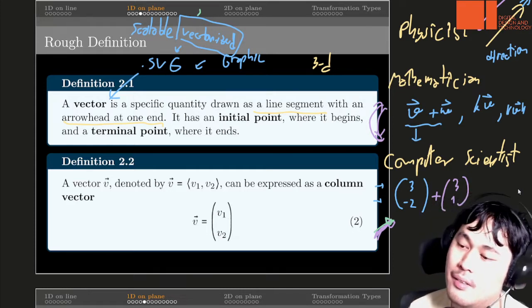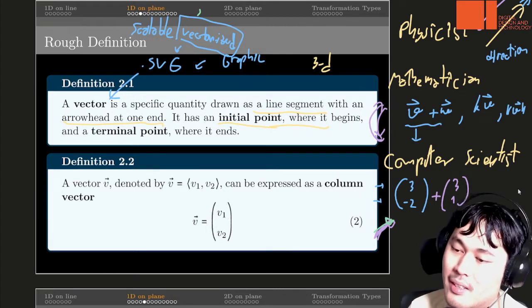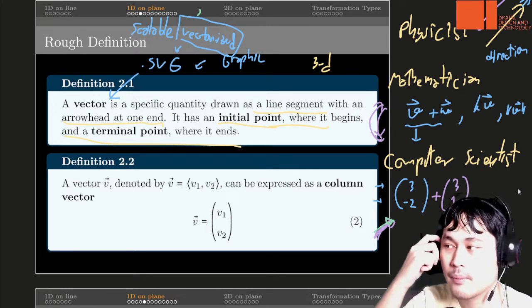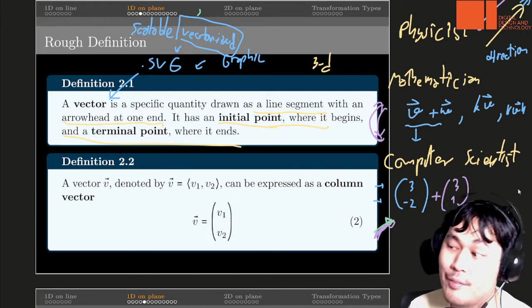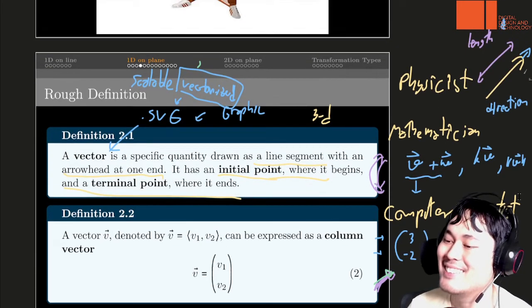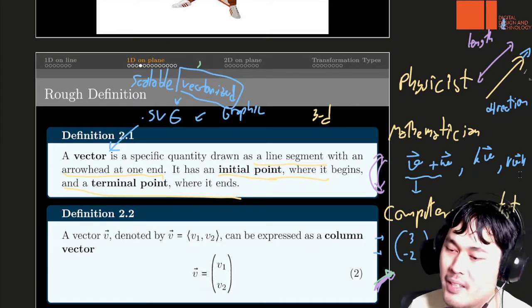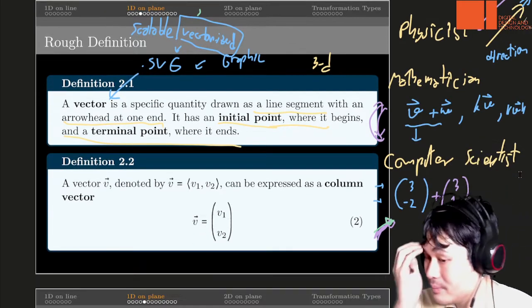But abstractly it is that. And it has an initial point where it begins and a terminal point where it ends. So it's kind of like having 2 points with an arrow. The arrow is on the terminal point, the ending point. Abstractly, that's a vector.